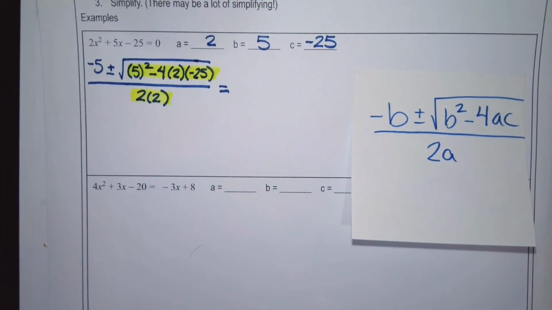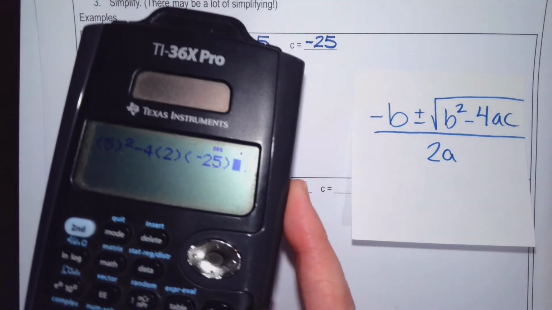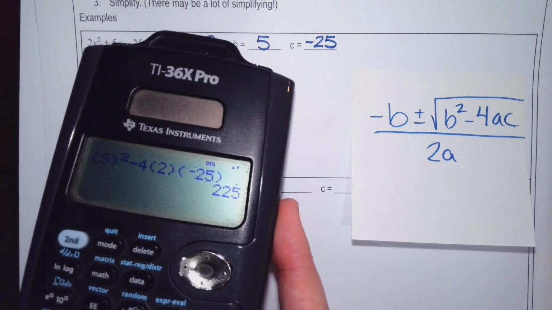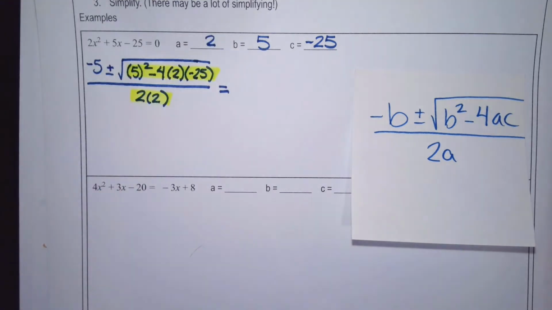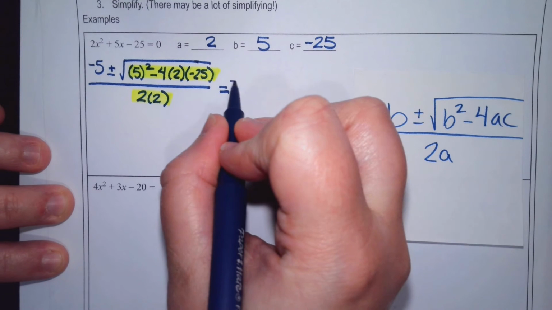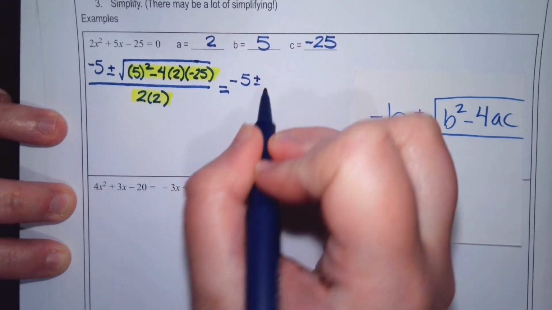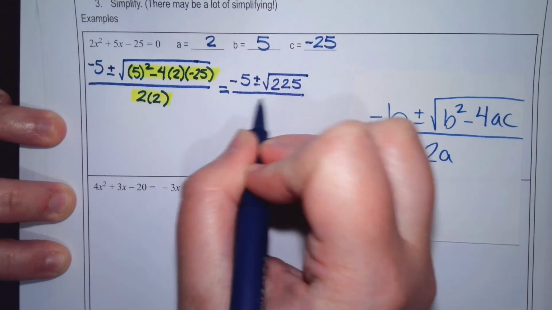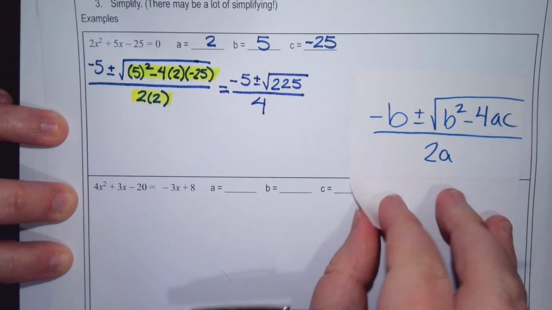Now, what's nice is if you plug exactly what you see here into your calculator, parentheses and all, and hit enter, your calculator will do the work for you. So plug that whole thing in. So we get negative 5 plus or minus the square root of 225 all over 4.